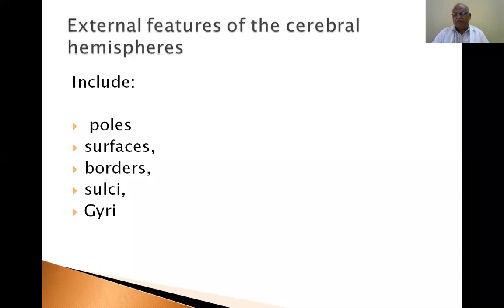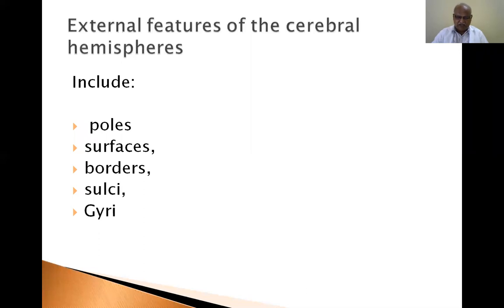If an oval mass is divided into two halves, imagine it is an oval mass divided through the center, like a boiled egg. You see the posterior part is broader and the anterior part is pointed. This is the posterior pole, this is the anterior pole. On the inferolateral aspect, in the middle, there is the temporal pole.